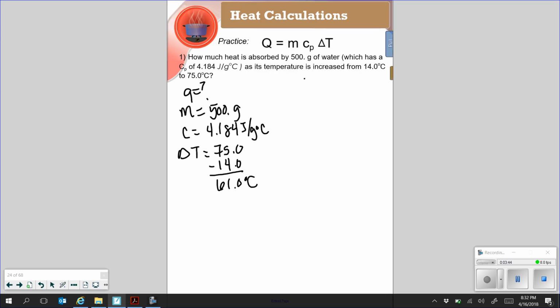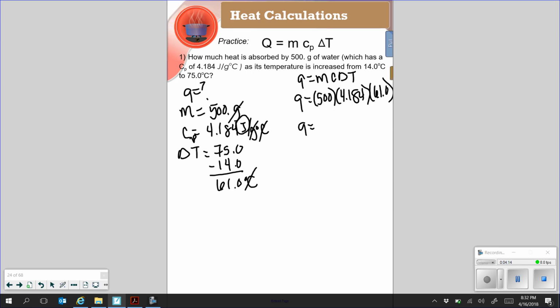So now I'm going to go ahead and plug it into my Q equals mcΔT equation here. I don't know my Q value. 500, 4.184, and 61.0. And if you got the unit correct for your C value or CP value, you will note that all the units are going to end up canceling out. Grams will cancel out with grams, degrees Celsius will cancel out with degrees Celsius, and we're going to be left with joules.